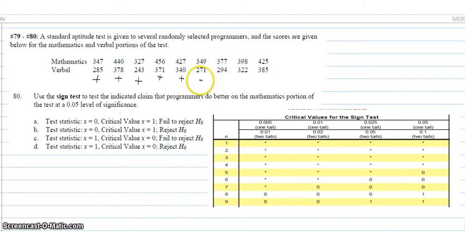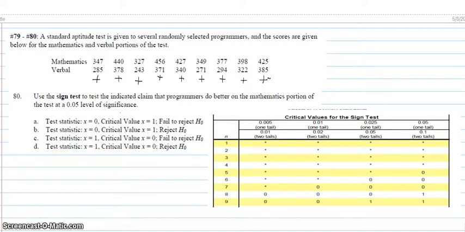Mathematics 349, verbal 271, plus. Mathematics 377, verbal 294, it's a plus sign. Mathematics 398, verbal 322, plus. Mathematics 425, verbal 385, plus.